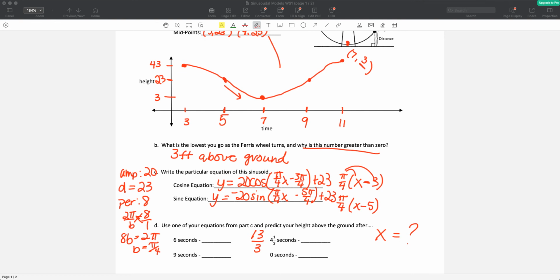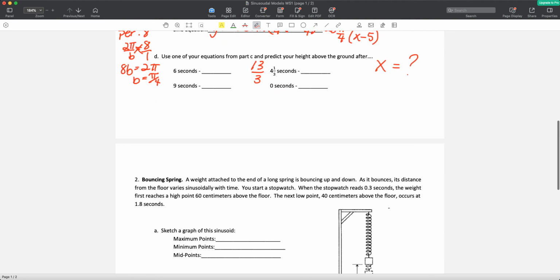And so that's going to be the best answer to type in there. So for 13/3, and then there's your answer for that one. So 33 feet. And then the last one is 0. So there's all of your answers for that one. So that's not too difficult. It's very similar to last week. So let's go back and look at question 2 real fast.